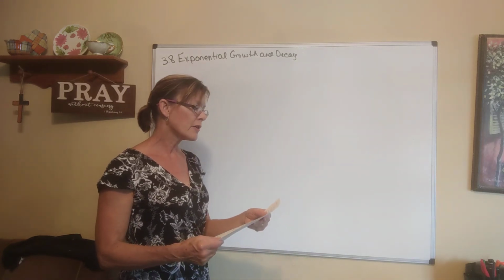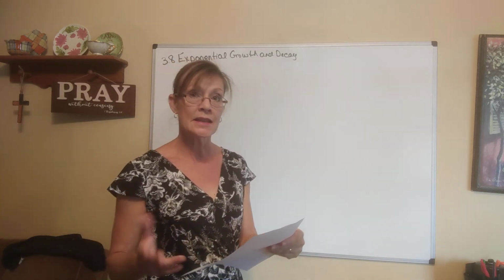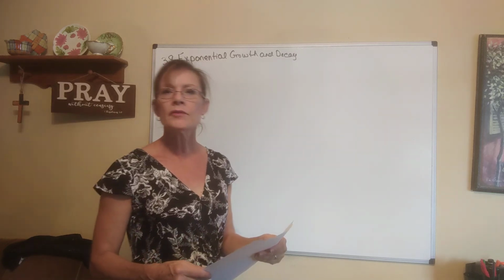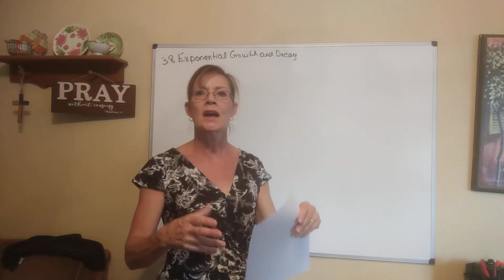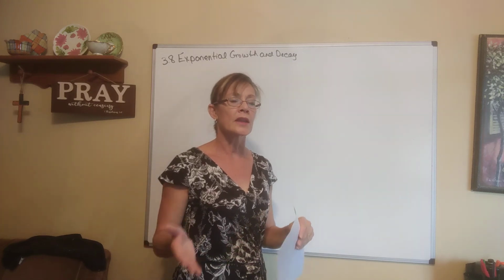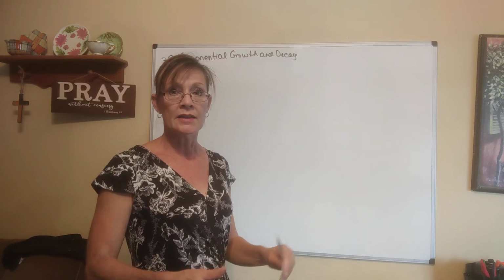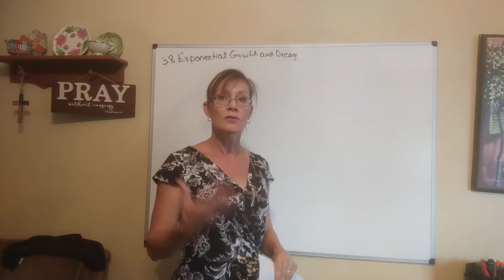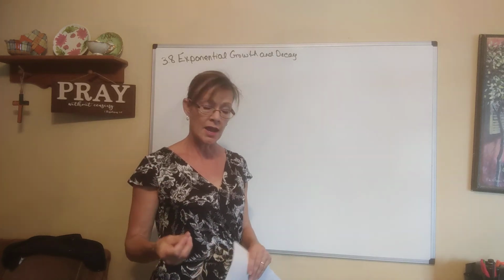When a quantity grows at a rate proportional to its size, that's what goes in the second blank, it's growing exponentially. So whenever you read about something that is doubling its size, or growing at a third of its size, or growing at a certain percent of its size, that is exponential in nature. Or if it's decaying at a certain rate in proportion to its size, that is exponential decay.